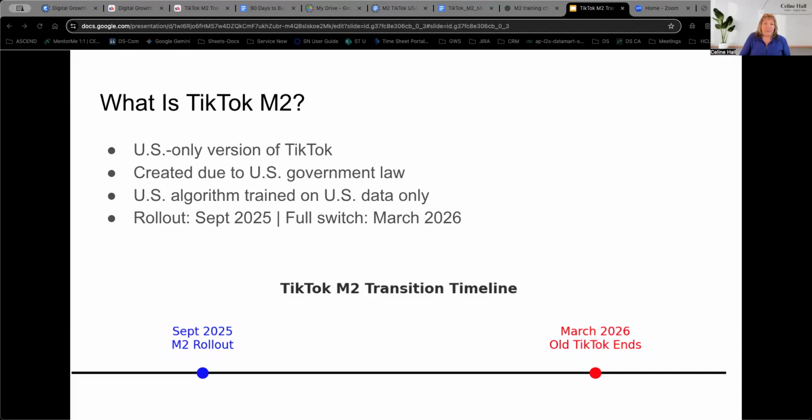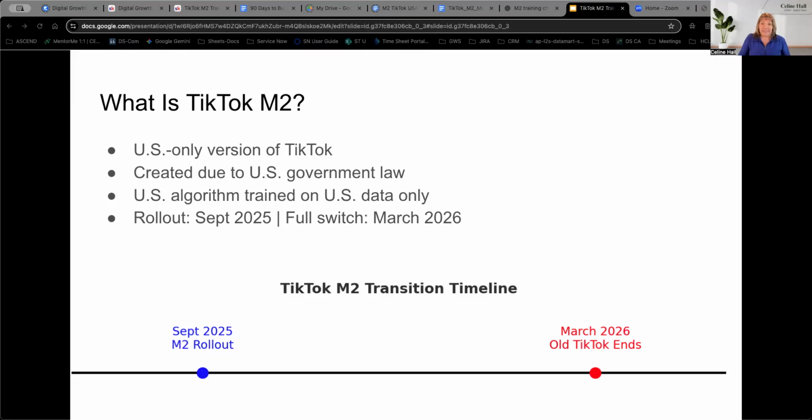All right. So M2 is the code name for the US only version of TikTok. Now, in software development, every time you're building new software, we give it a code name. Could be anything. So M2 just happens to be the nickname, the code name for the new version of TikTok.